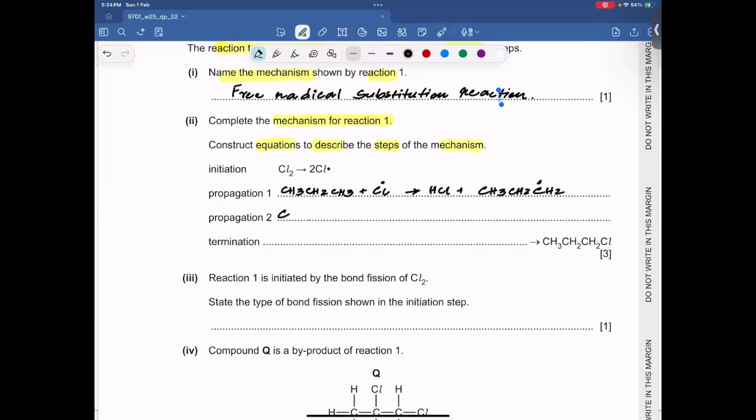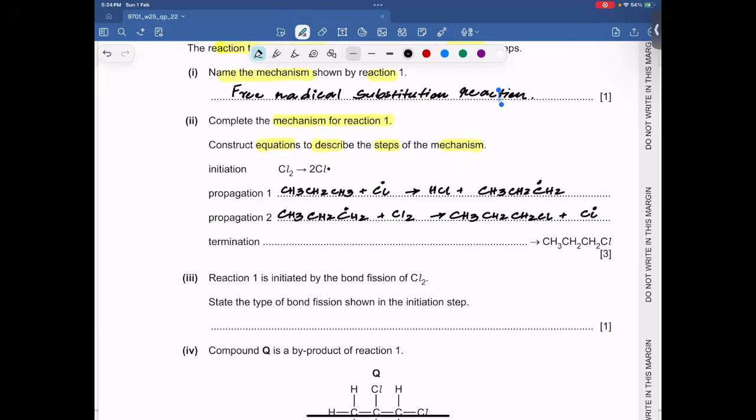Now this propyl free radical reacts with chlorine molecule again, and as a result, it will turn to chloropropane and chlorine free radical, which will propagate the reaction.